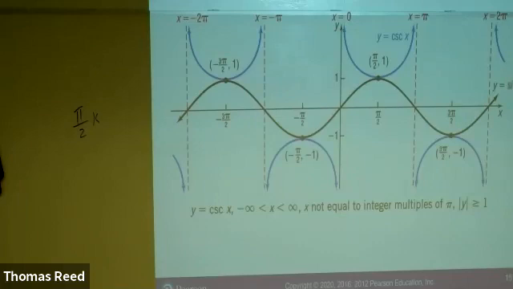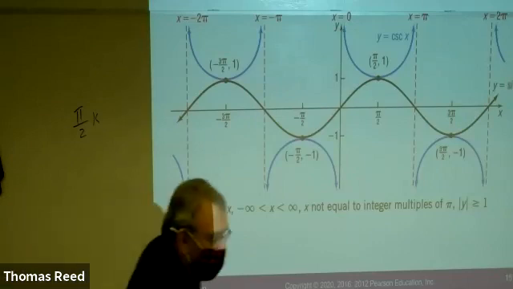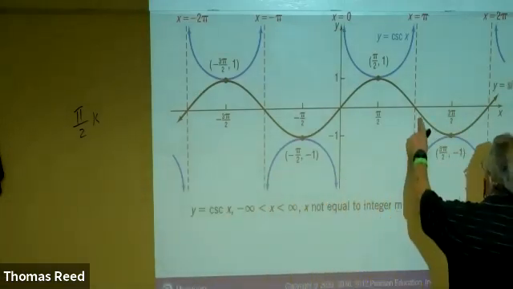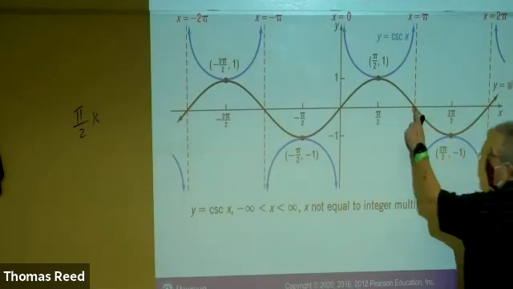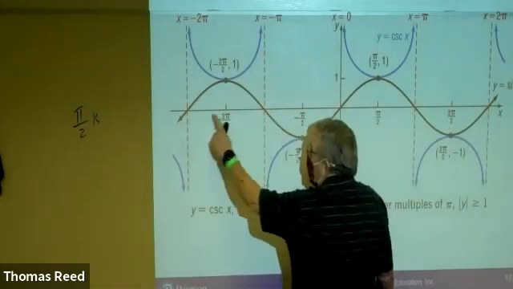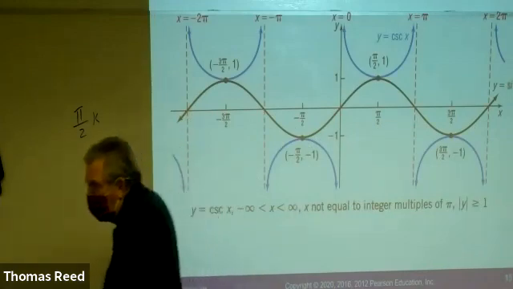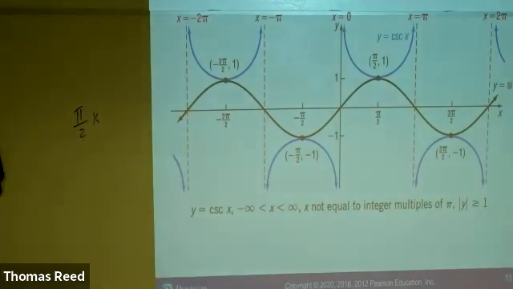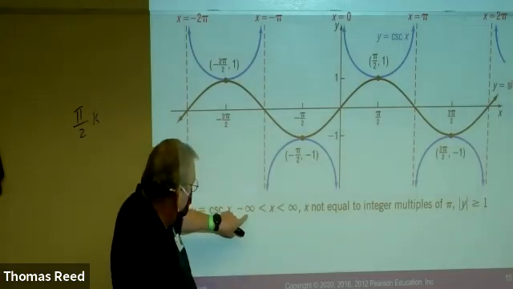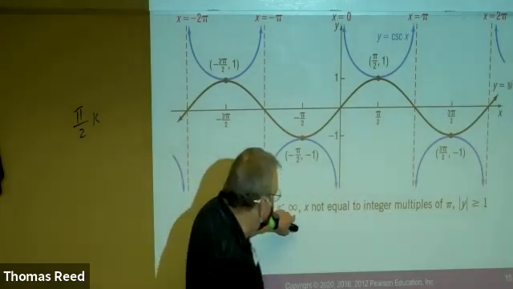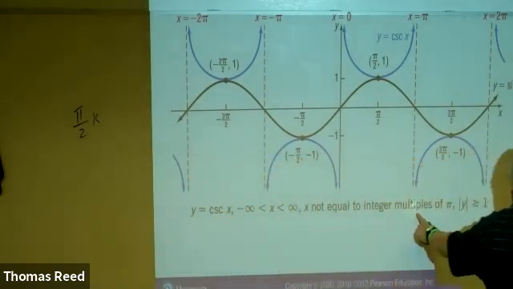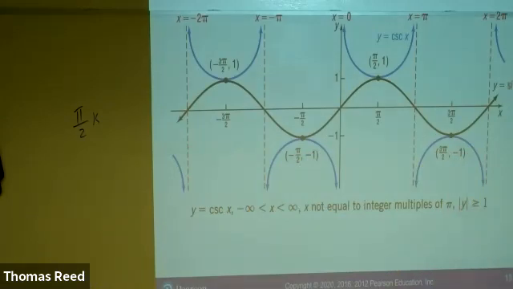And sine is 0 at integer multiples of pi. So at integer multiples of pi, the function does not exist, so that's not in the domain. And that's what they're saying here. The range negative infinity to infinity, where x is not an integer multiple of pi. And how they would state that in set builder.